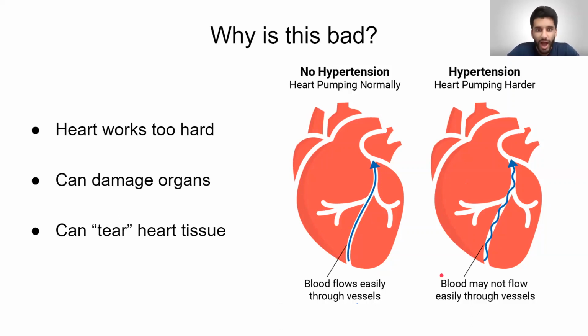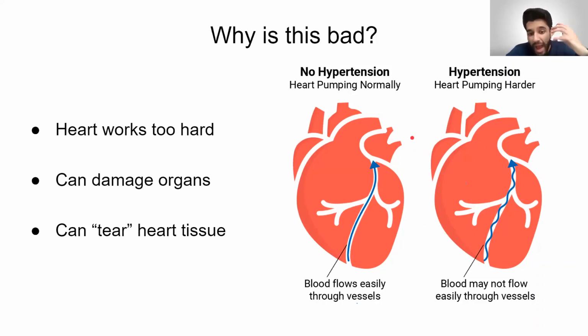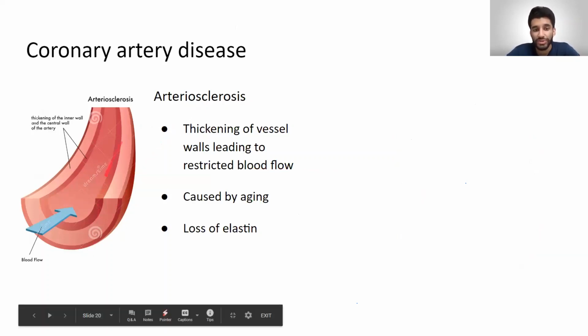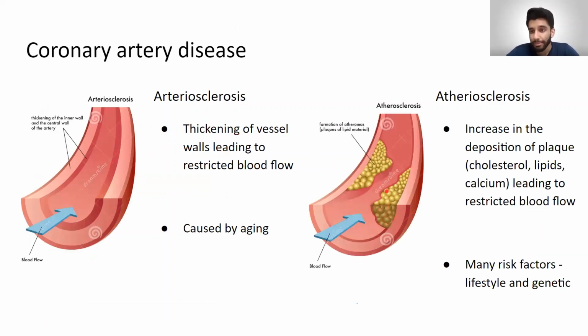So no rush there. But clearly we've established that with hypertension, this disrupted blood flow is bad for the body, it's bad for the heart. Now this can happen in two ways. This can happen by the actual blood vessels thickening, or this can happen by sediment and plaque in the blood vessels.